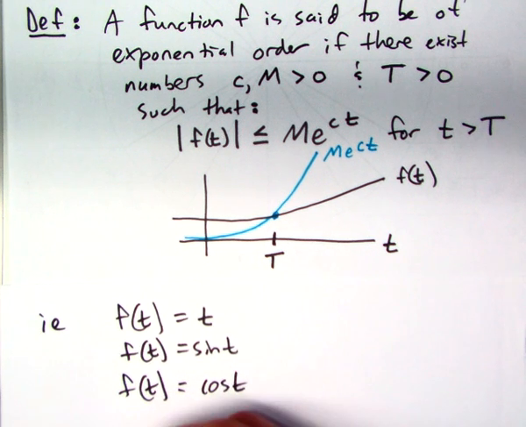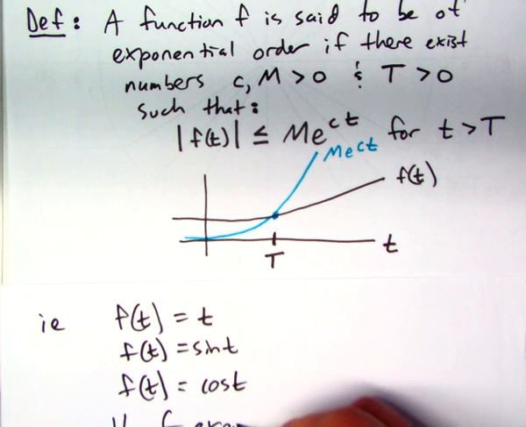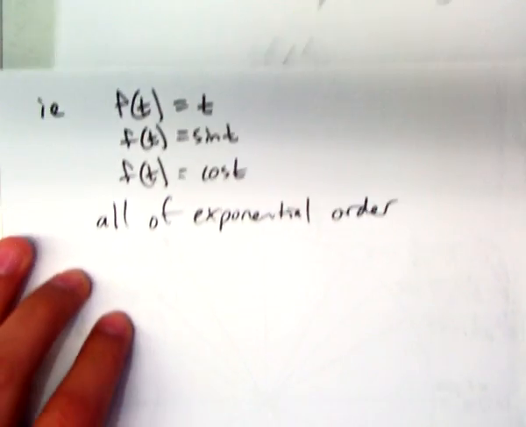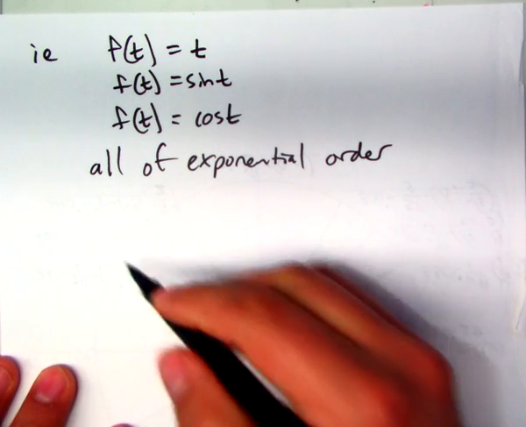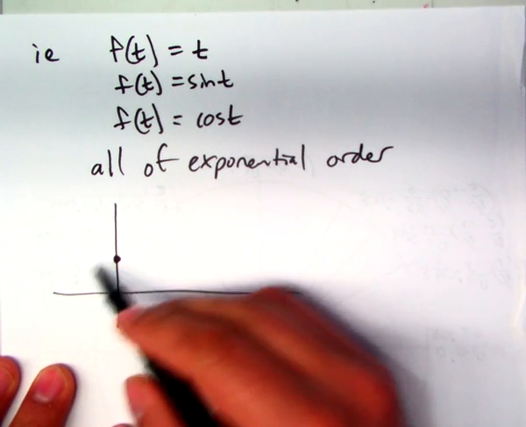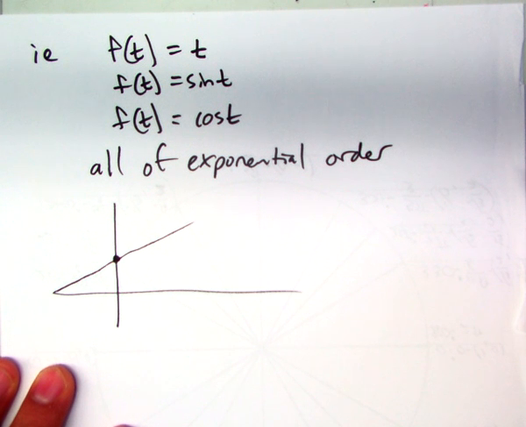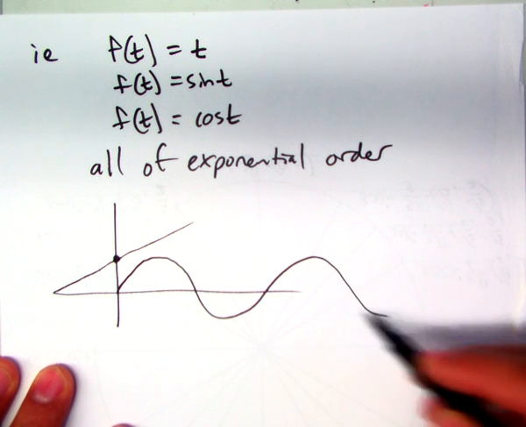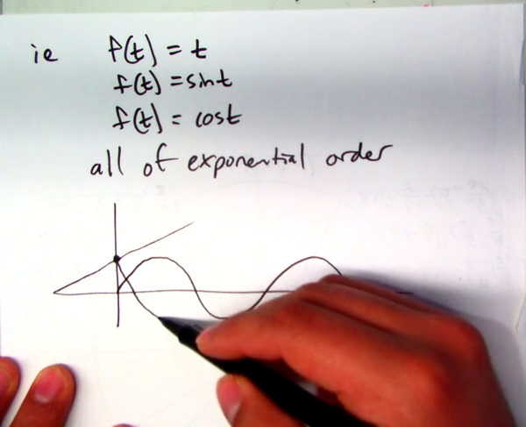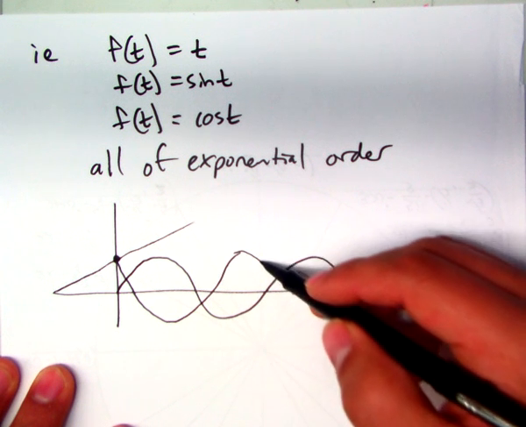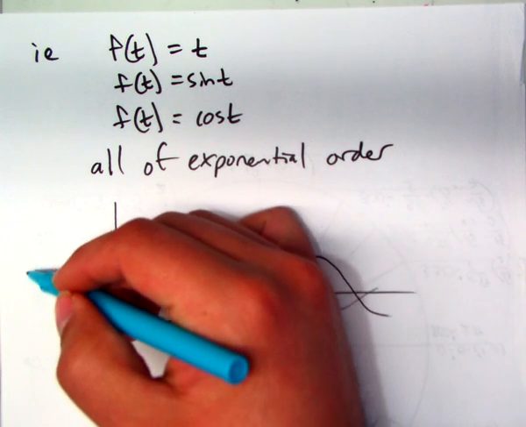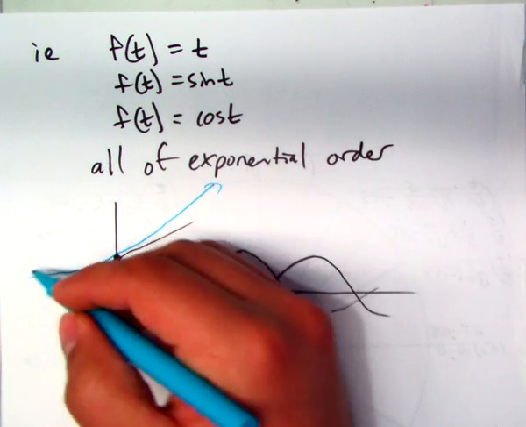These are all of exponential order. If you think of their graphs, there's t, here's sine, here's cosine. I probably messed that up, but work with me here. And here's your exponential function.